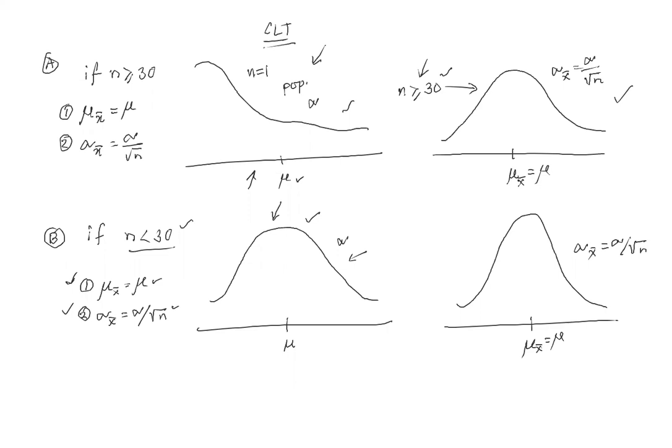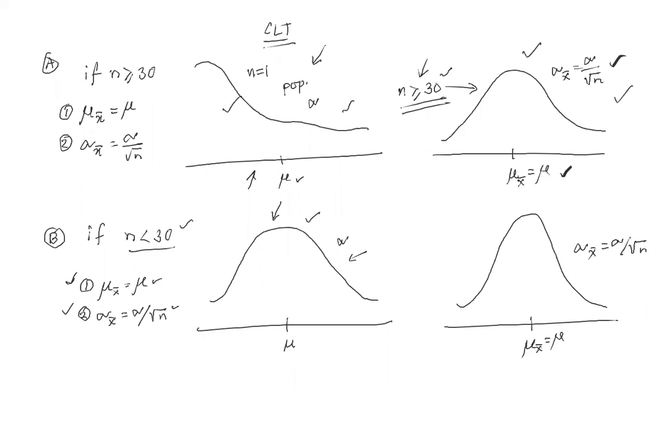It could be normal, bell-shaped, or Gaussian distribution, or it could be any shape. Doesn't matter. But a sample size of greater than or equal to 30 ensures the normality condition here. That means it is a normal distribution, and these two conclusions hold. That gives us a lot of power to make conclusions or predictions about the original population.